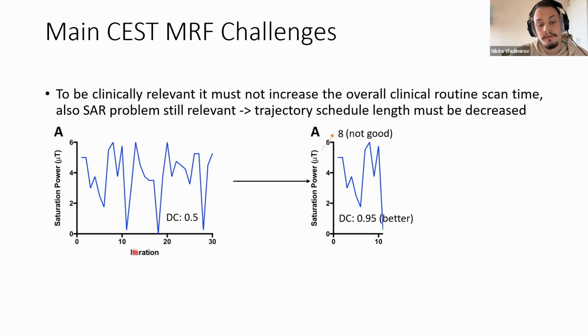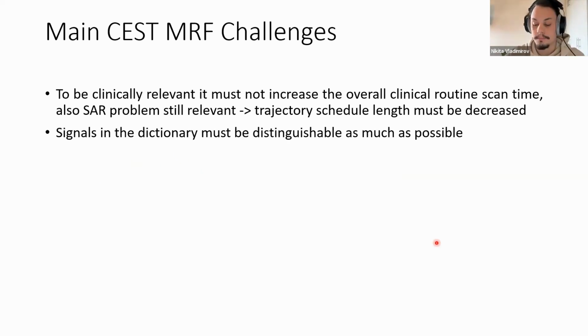Like for example, here in the previous example, they used a sequence length of 30 with a pulse sequence duty cycle of 0.5, while we can decrease it and get the same saturation efficiency with increased saturation power, which is actually not good, or with increased duty cycle. And overall, it will take less time.